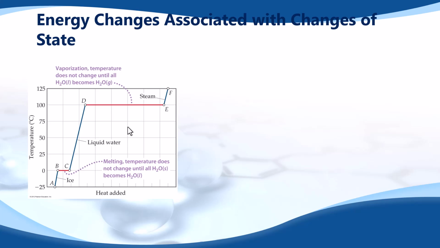So A to B is ice, C to D is liquid, E to F is water vapor or steam, because we're working with water here. When you're at those points, the only thing that you're changing is the kinetic energy. So all the heat you're adding is affecting kinetic energy, causing temperature to rise, getting molecules to move faster.